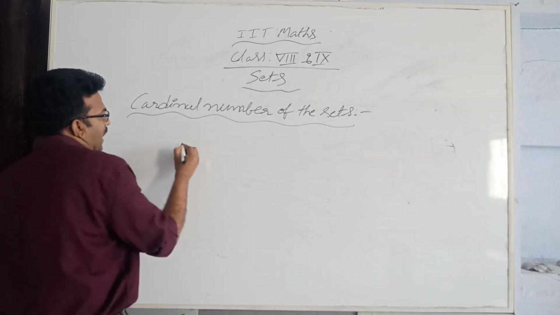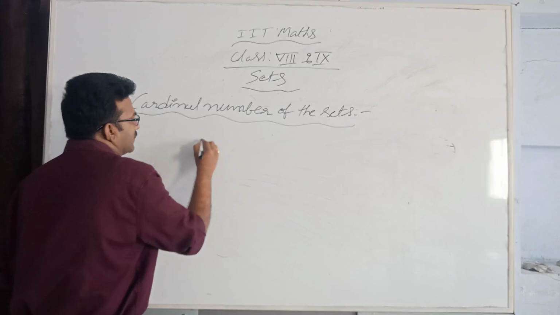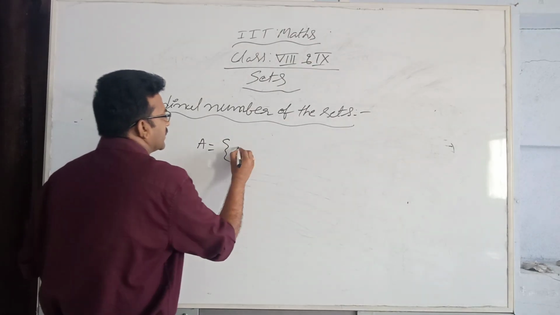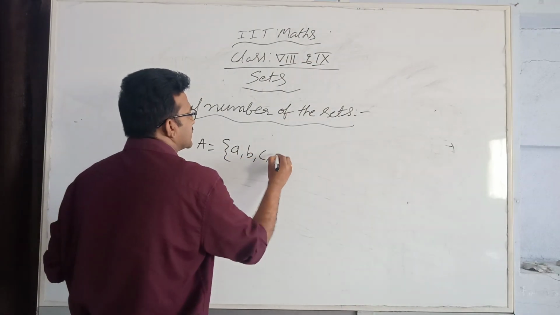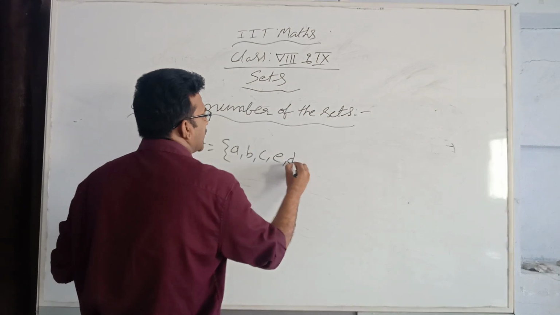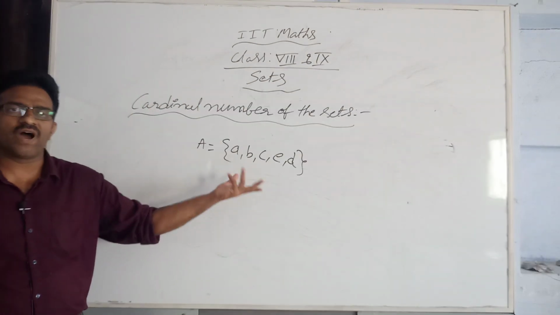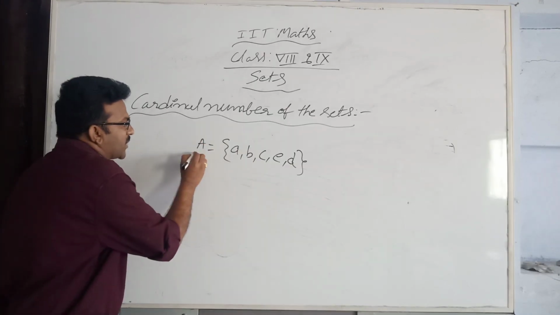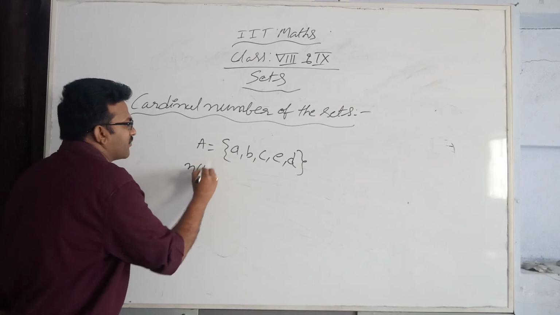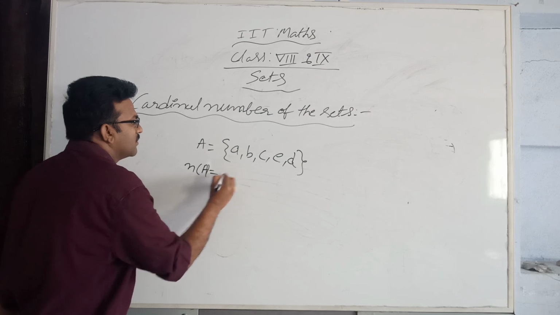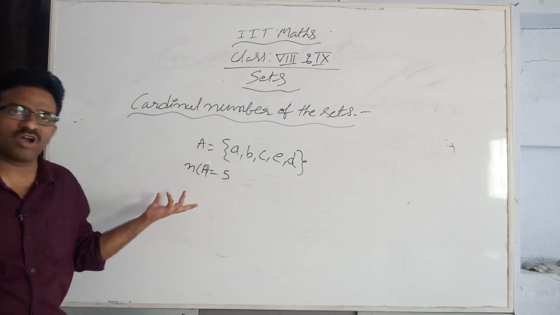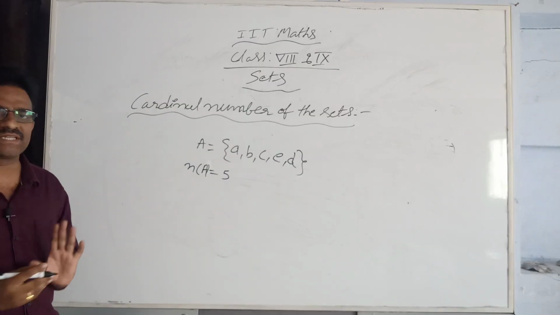For example, I want to take here set A is equal a, b, c, e, d. So how many elements are present here? 5 elements. So cardinal number of set A can be taken as n of A is equal 5. That is the cardinal number of this set.